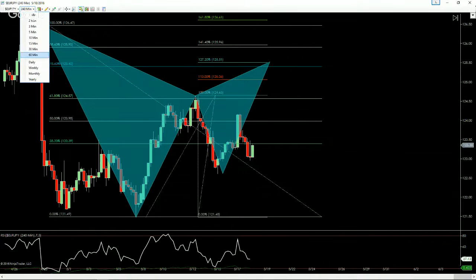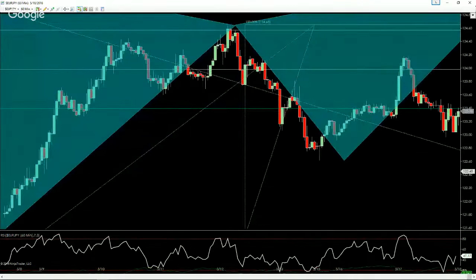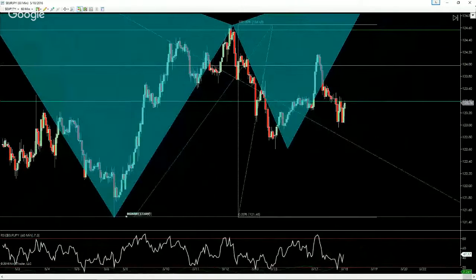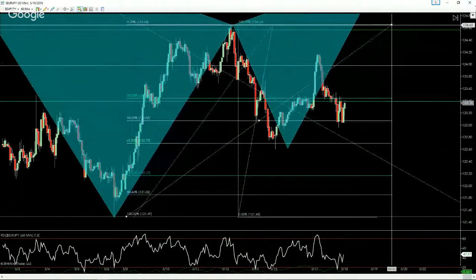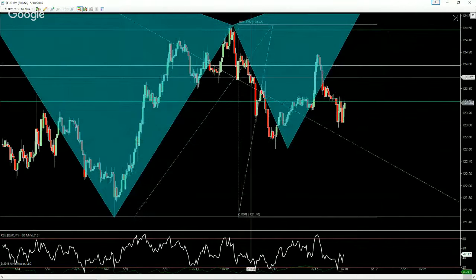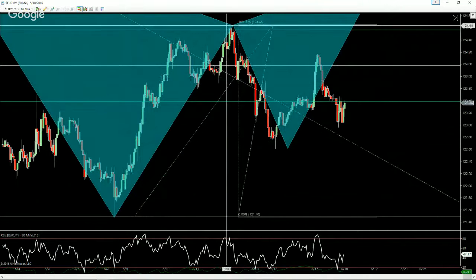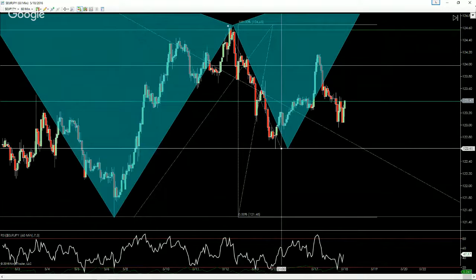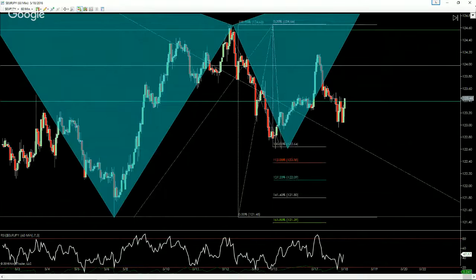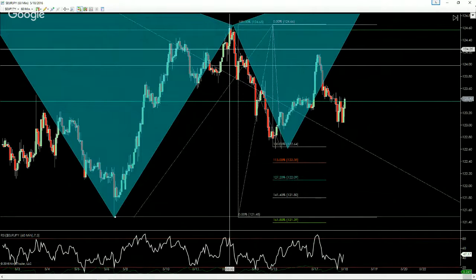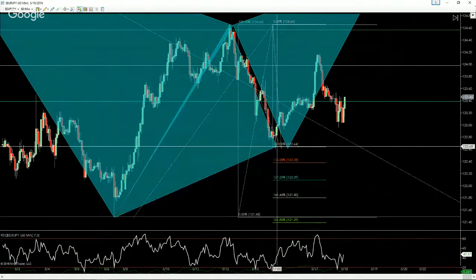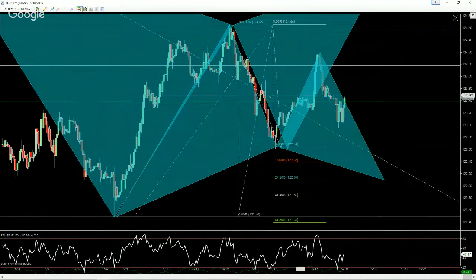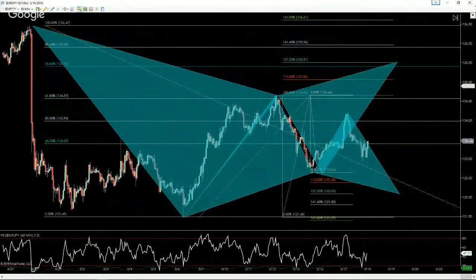And let's go to the 60. Looks like I had something. See if it's still there. Yes, another Gartley pattern trading opportunity, if price does come down to this 127 first before coming up to finish the bigger Gartley pattern.